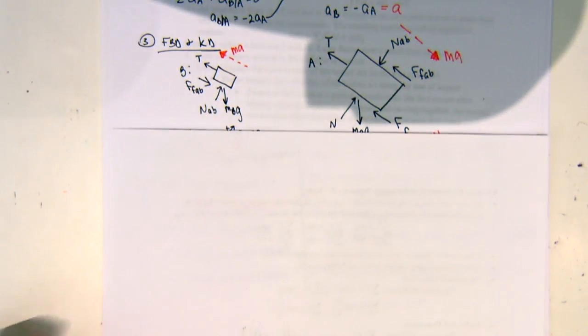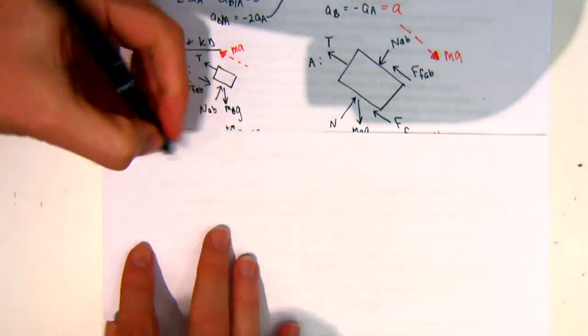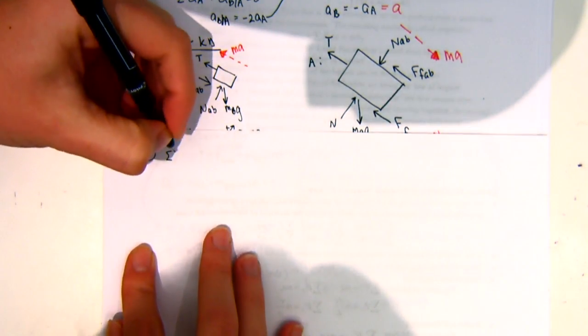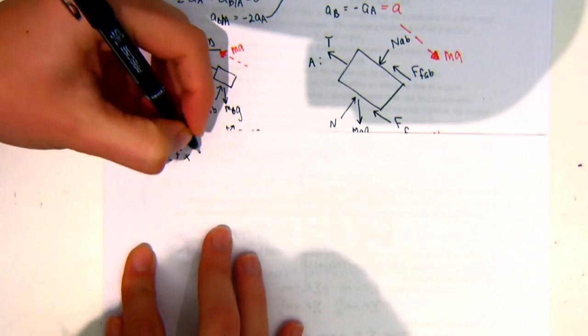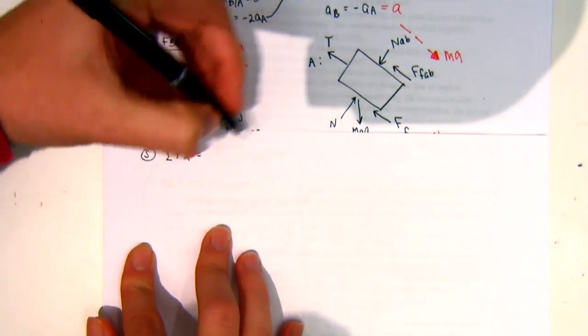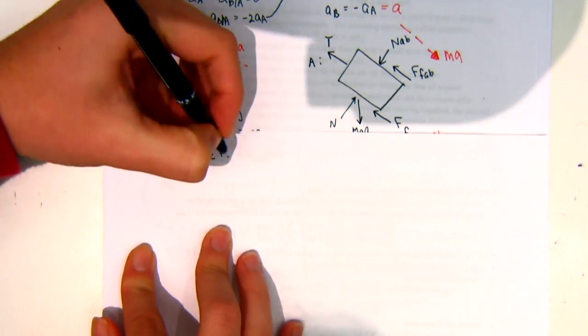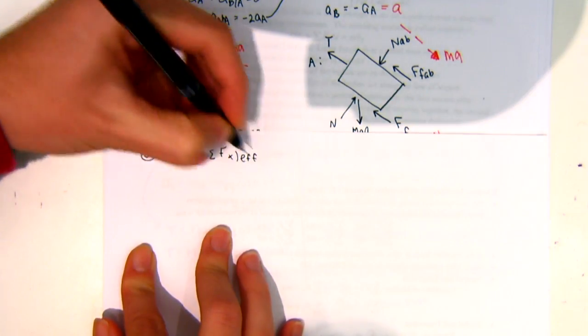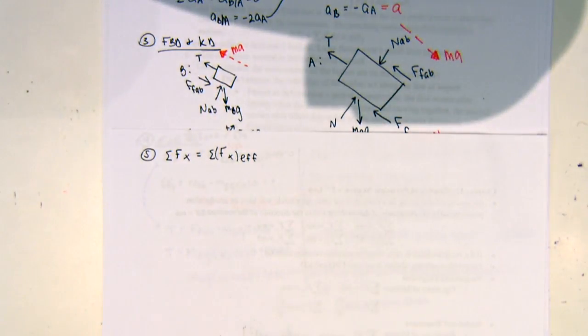So what we can do now, so this is step 5. We're going to say our sum of forces in x are going to equal the sum of forces in x effective. So that's essentially our acceleration in the x direction, right?